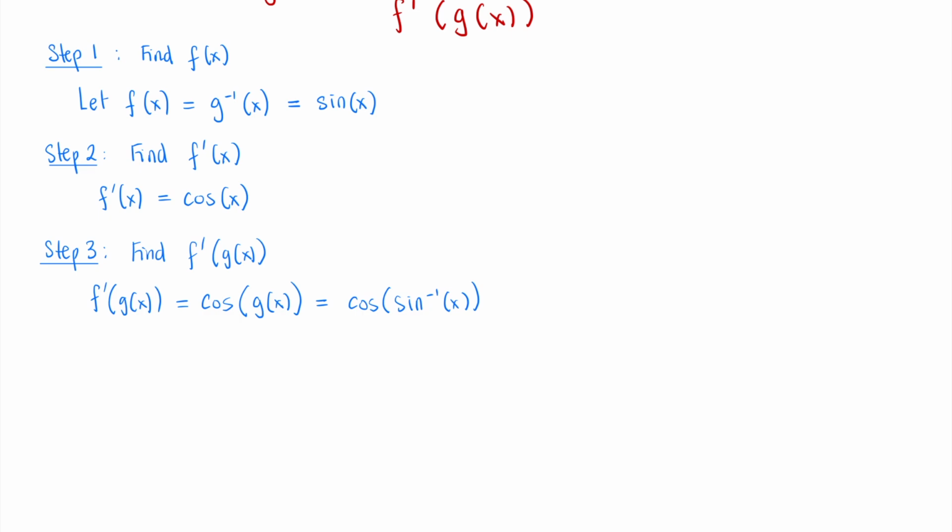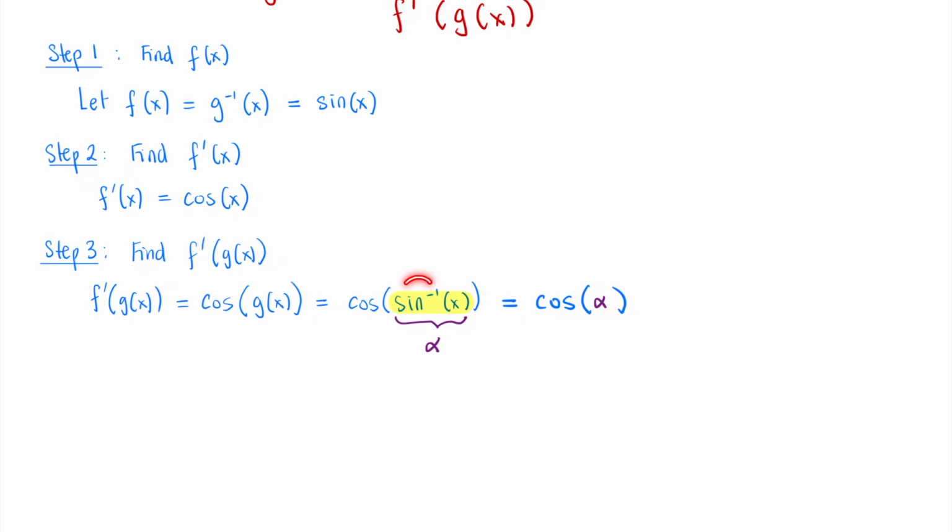To simplify cosine of sine inverse of x, I'll let sine inverse of x be alpha. So I have cosine of alpha, and I need to find cosine of alpha.